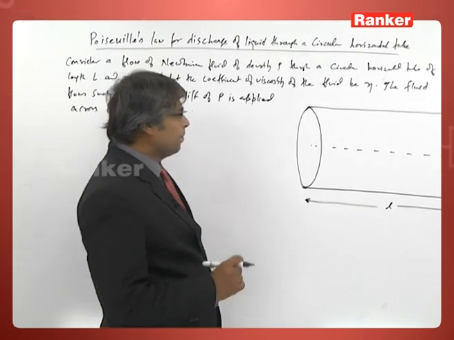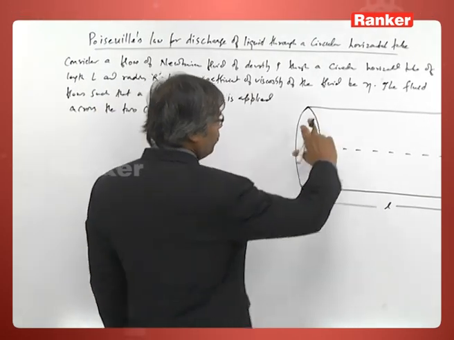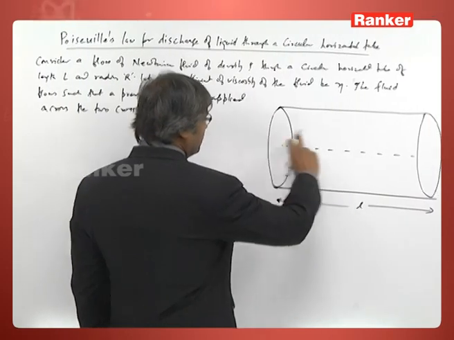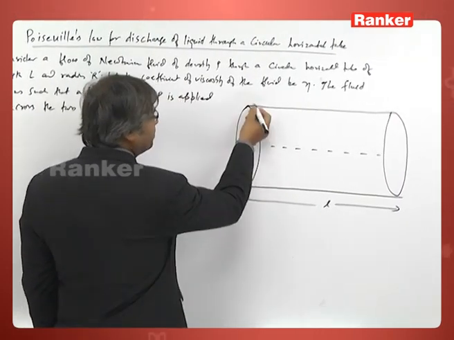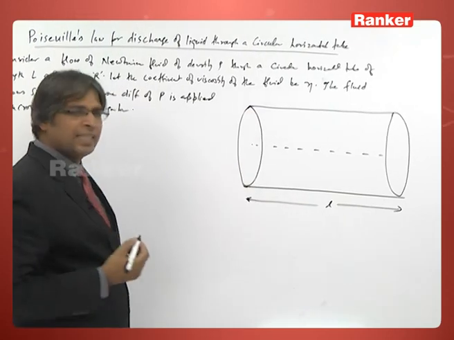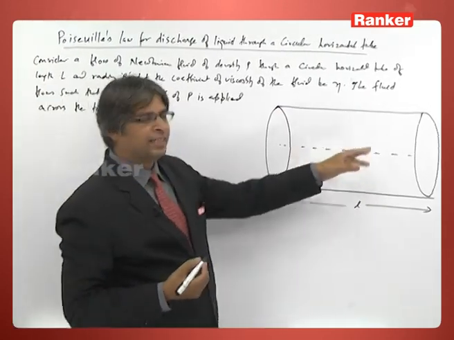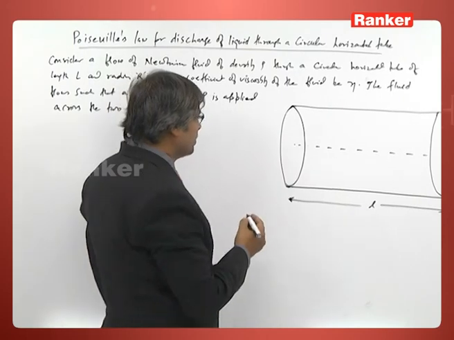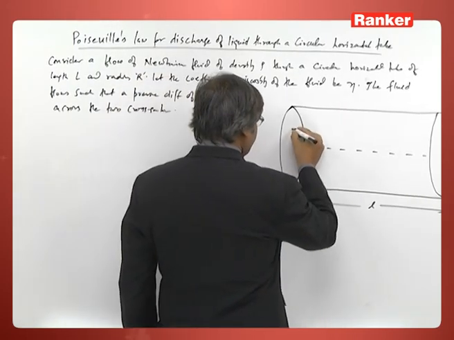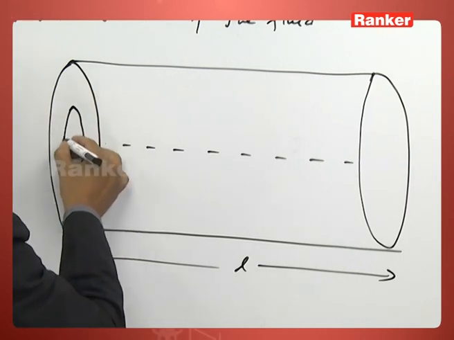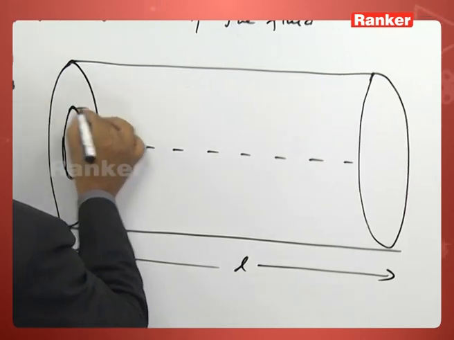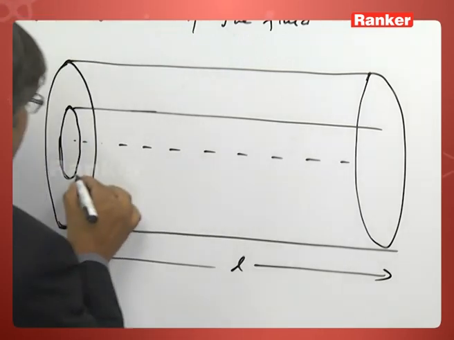So first of all I have to calculate what is the velocity profile, because I know that the velocity very close to the cylindrical walls is zero and at the center we have a large velocity. So what we do, we just consider a cylinder of radius r, small r.